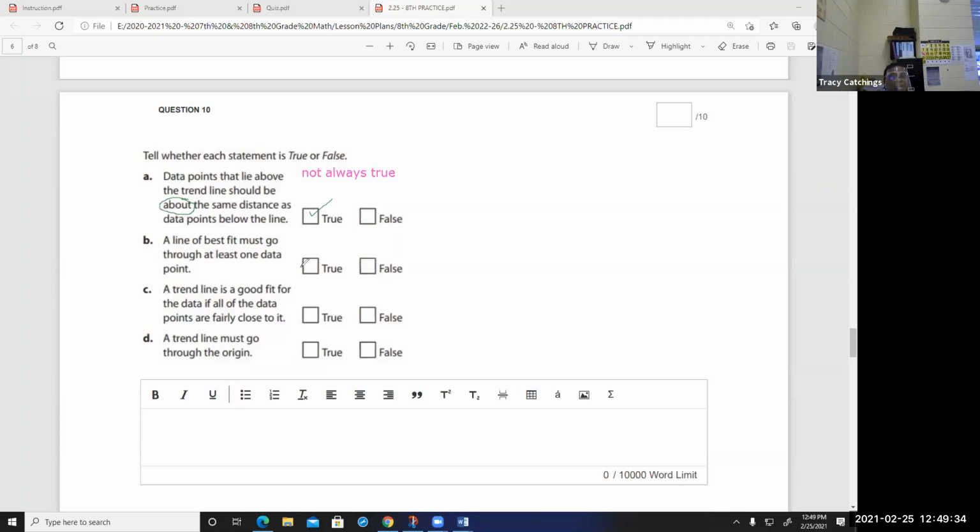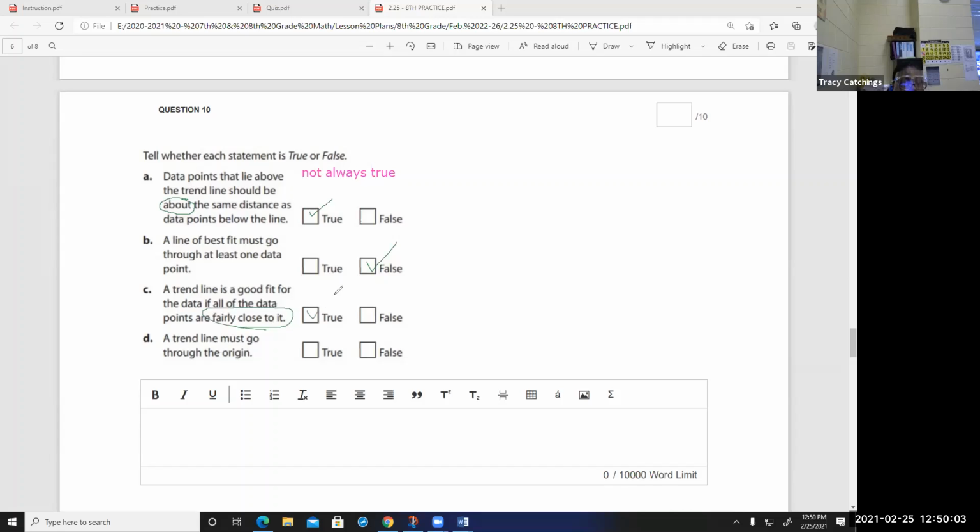All right, it says a line of best fit must go through at least one data point. Do I got to touch the point? Good job. So that will be false. As long as I separate the points, I don't have to touch it. It's good if I do, but it's still okay if I don't. C says the trend line is a good fit for the data if all the data points are fairly close to it.